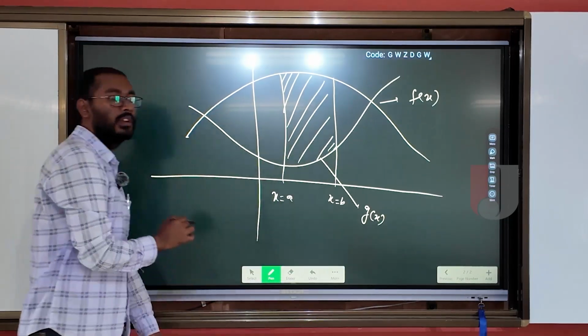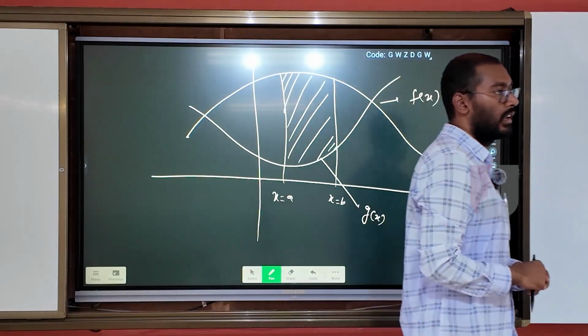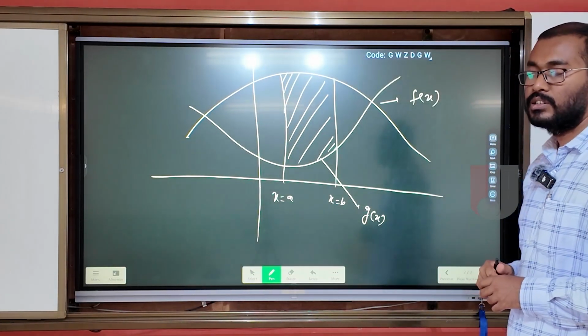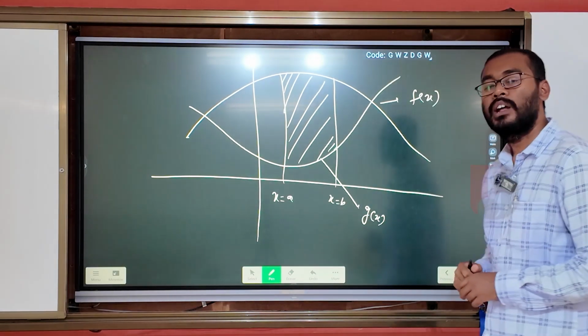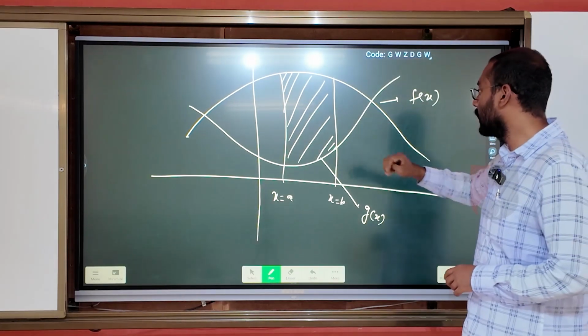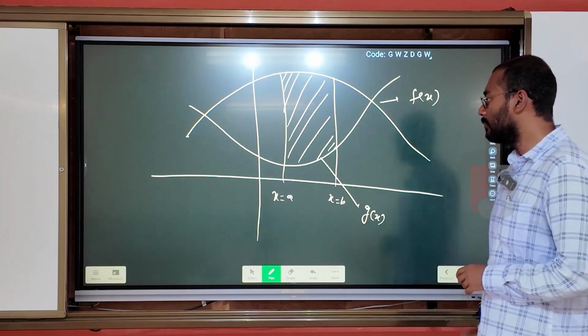Here also the same thing, f(x) and g(x). The necessary condition is that f(x) and g(x) must be continuous functions, otherwise we cannot compute the area inside that curve from a to b.